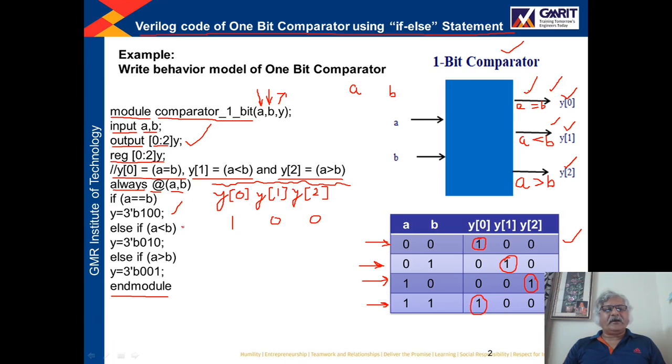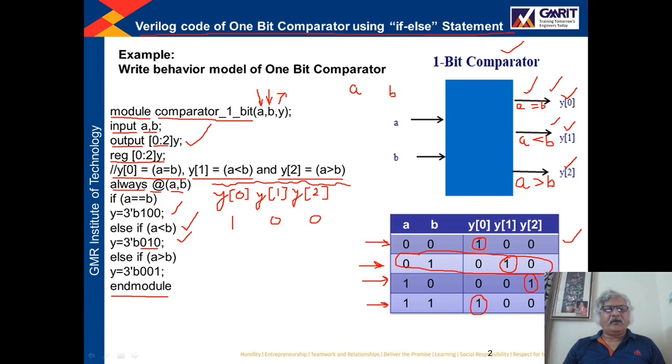Now come to the next condition, else if a is less than b. If this is the condition, you can see this condition in the second row. Then y1 will be high. For this we have written the statement, assign y a value 0, 1, 0.